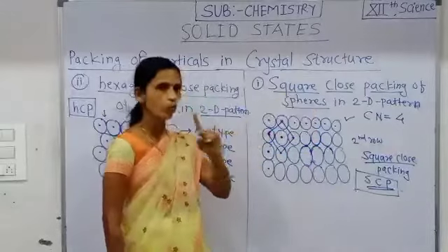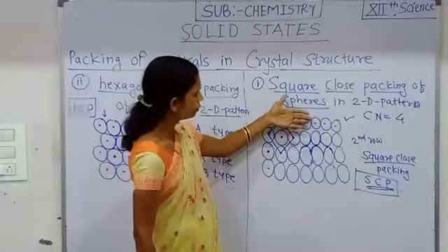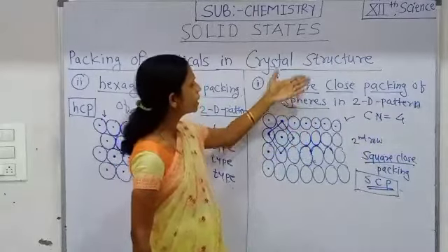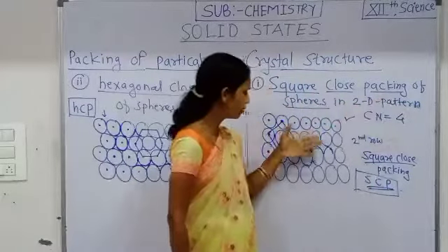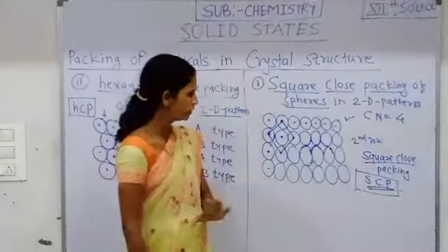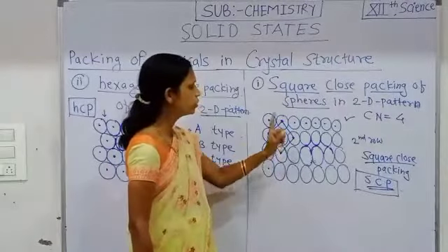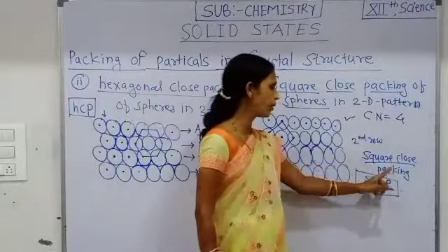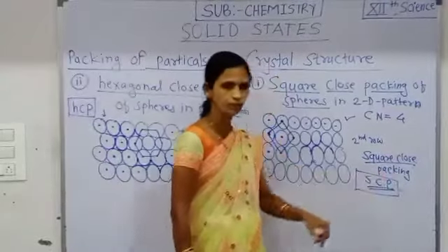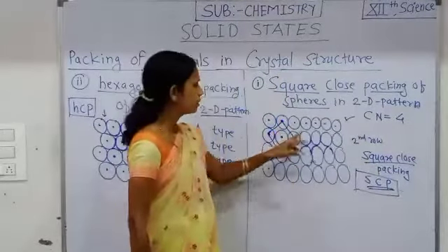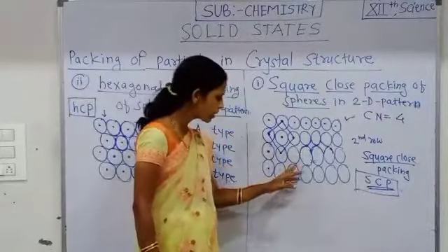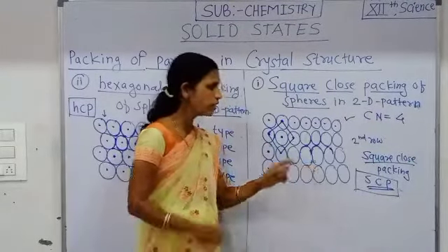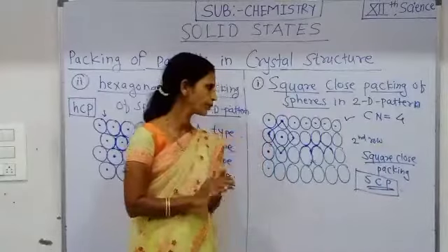Here one layer of square close packing of spheres in 2D pattern is formed, which is known as square close packing, that is SCP, in which the coordination number is 4, and the voids formed here are of square type.